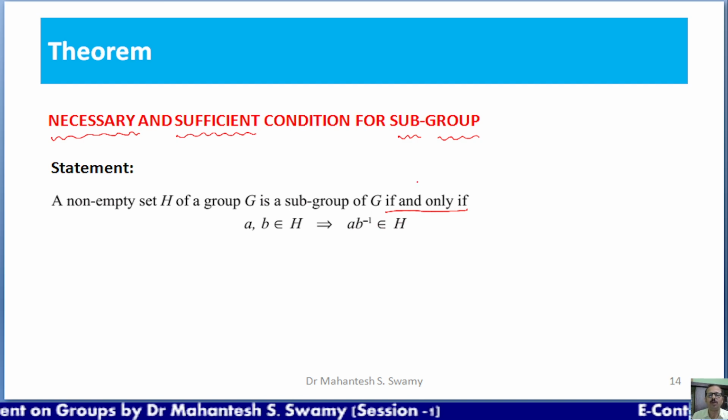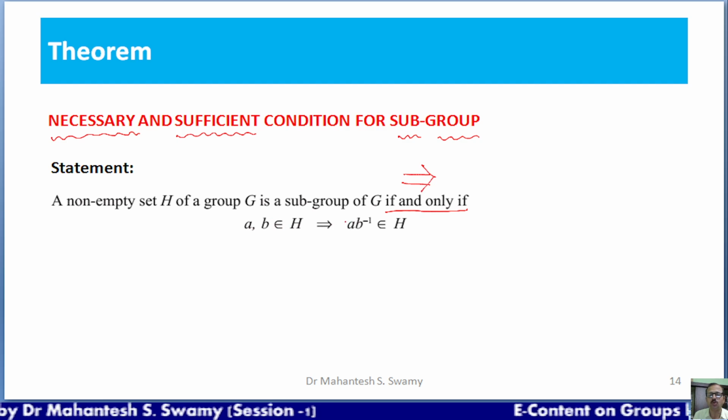What is if and only if? That means we have to prove a bidirectional, biconditional statement. That is, if this part is true, then we have to show that this part is true. Conversely, if this part is true, we have to show that this part is true.